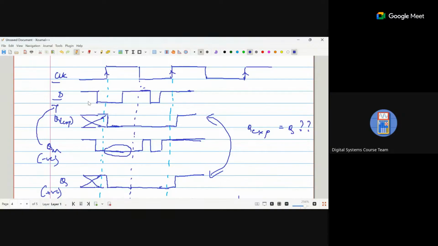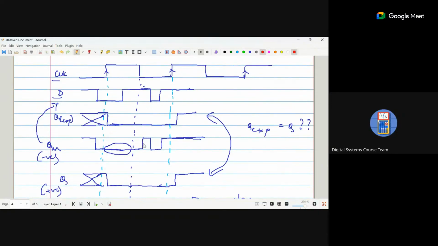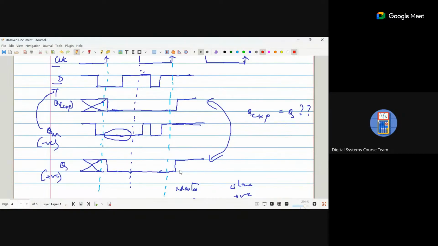If you see in this timing diagram itself, there were a few areas where we left delays, right? Let's take this point.